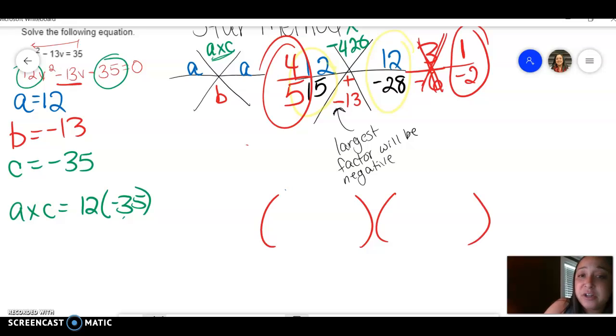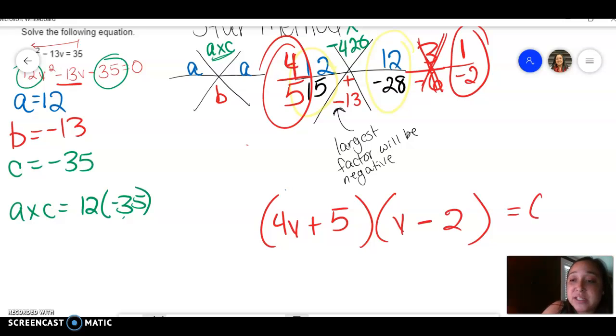And I know my variable is a v, right? So what's going to happen is this is going to be 4v from this first set of parentheses. And because that's a positive 5, that's going to be plus 5. And then I have that 1 over negative 2. So that's going to be 1v, or just v, minus 2.